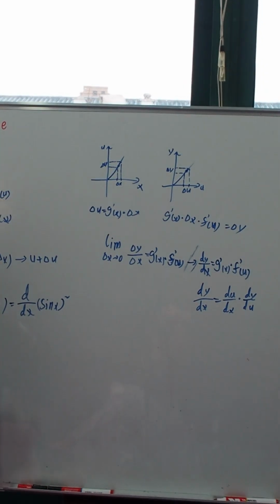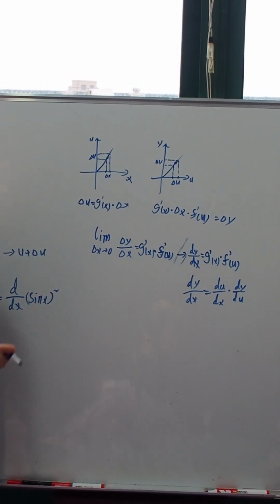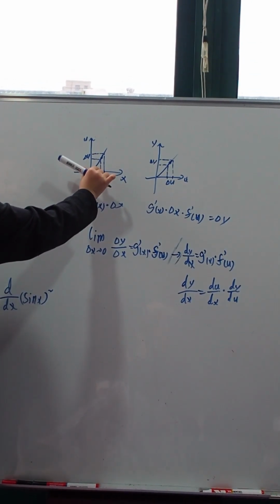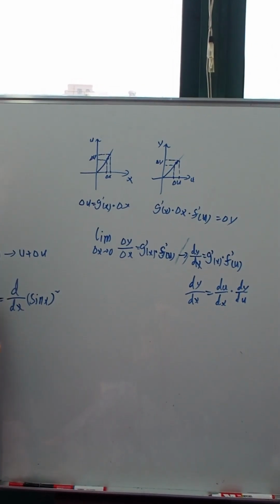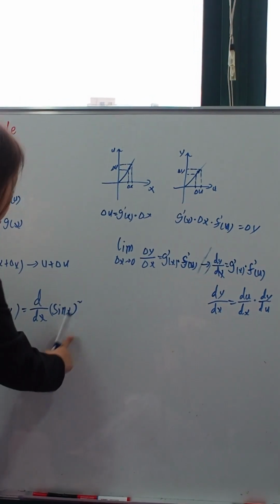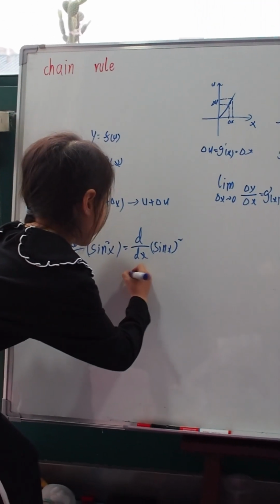The problem is, what are the two slopes? The first slope: we plug the x value into the derivative of sine x, and then you will know the slope. We proved it before. It's cosine x.